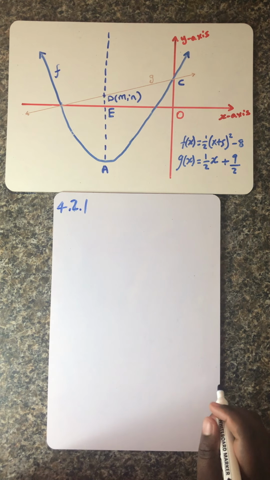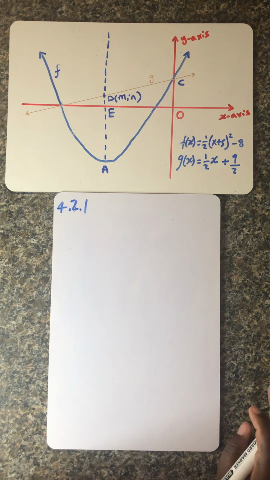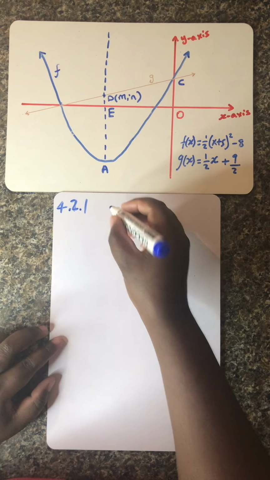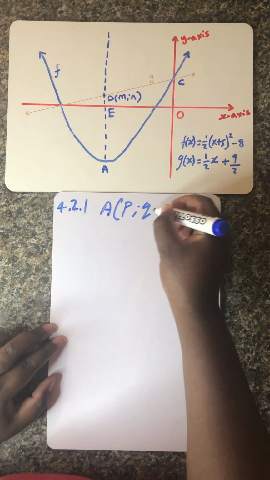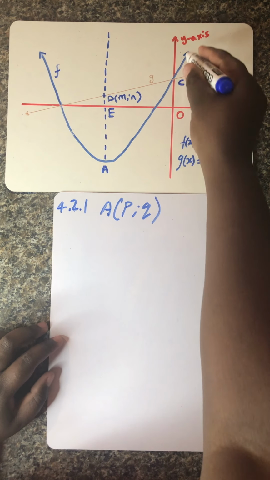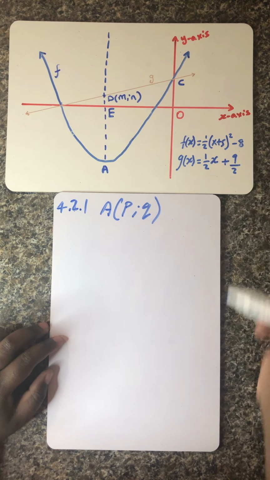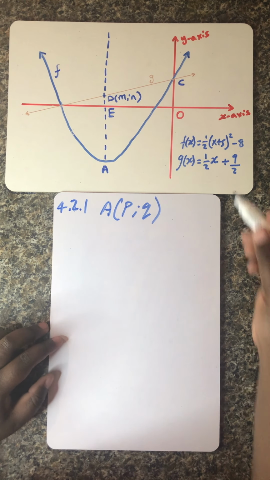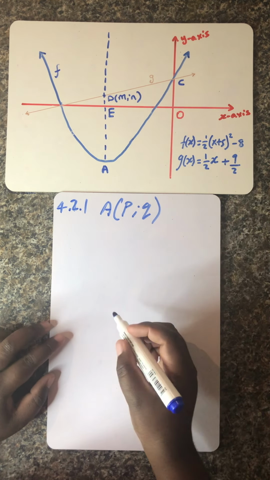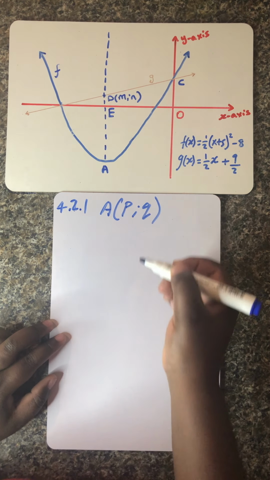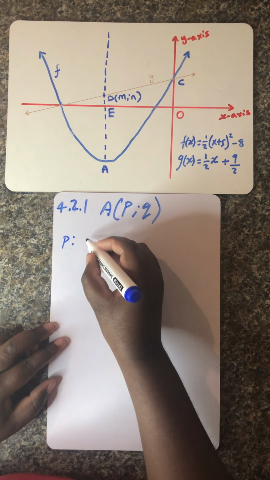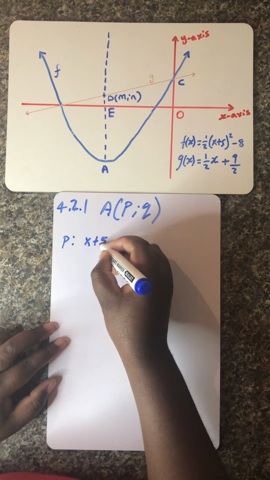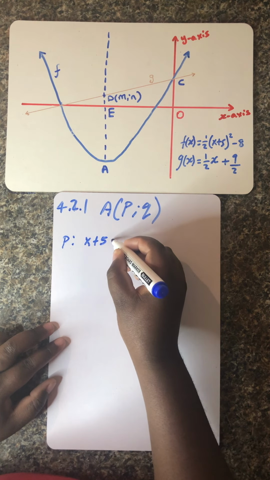So the question says write down the coordinates of A, and we know that A is the turning point of the parabola, so we just need p and q. For you to calculate p, you just say x plus 5 and equate it to 0.